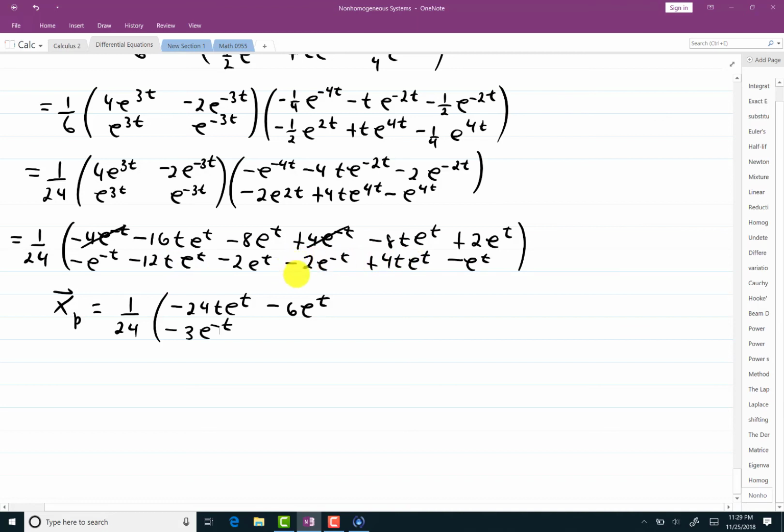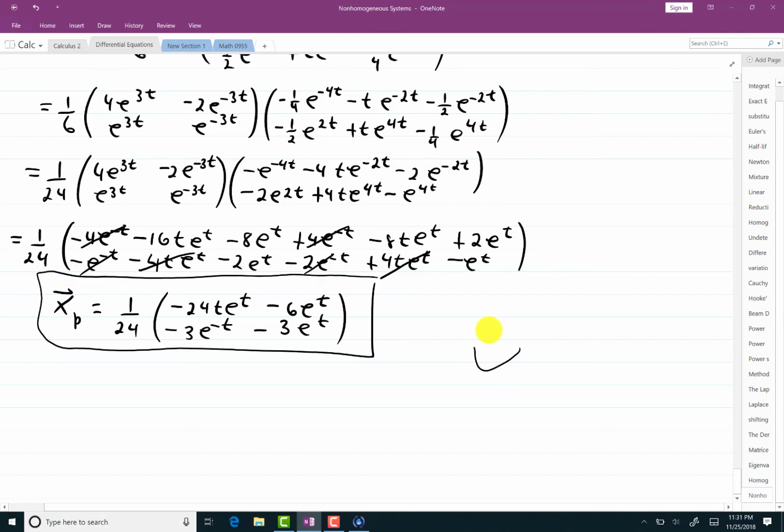Wait, let me slice these as I'm using them. I don't know why I have negative 12, but it's a 4. Negative 4 right there. This way, those cancel nicely. Now then it looks like negative 3e to the t. And there's no reason to simplify. I guess I could take out a negative, though. And we are good. That concludes the differential equations course.